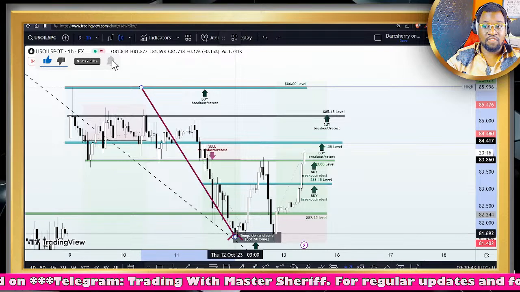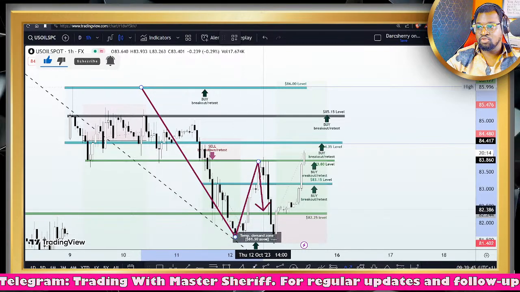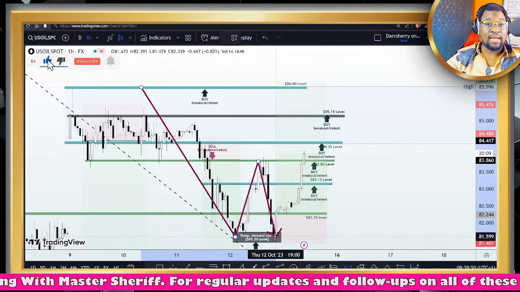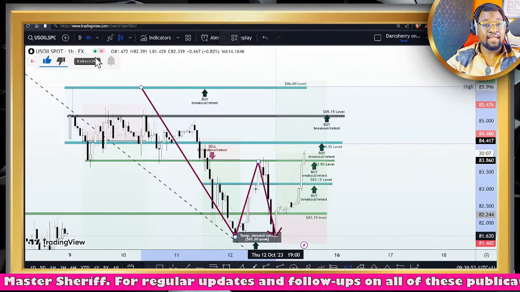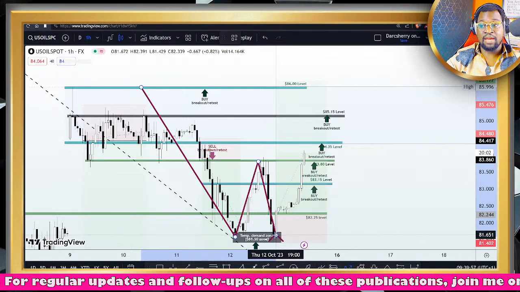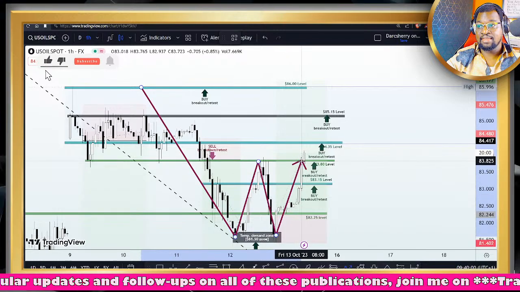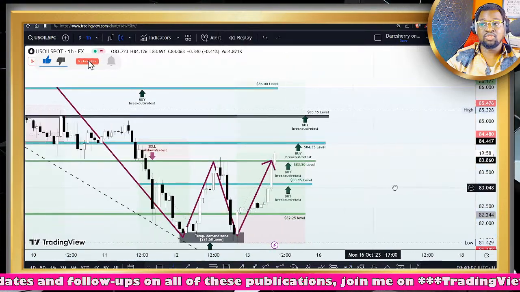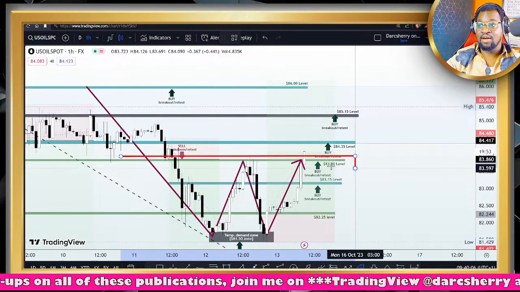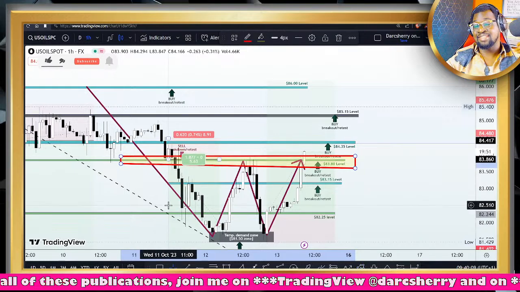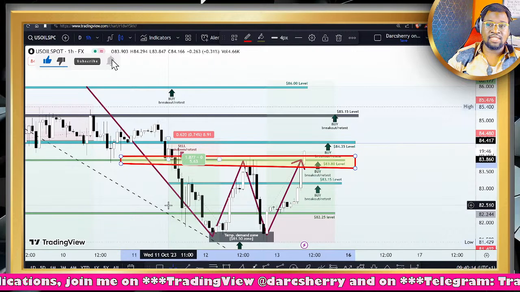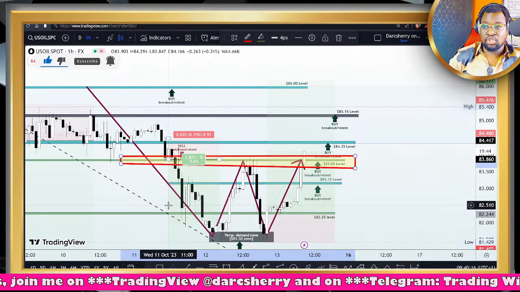That was on Thursday, and during the later part of the New York session yesterday, we saw another retest of structure, and the inability of price to break down the structure is a sign that we might be seeing a reversal move. And at this point in time, the $83.80 level appears to be the neckline of that reversal pattern, and as long as price remains above the structure, we shall feel comfortable in our buy position for this week.